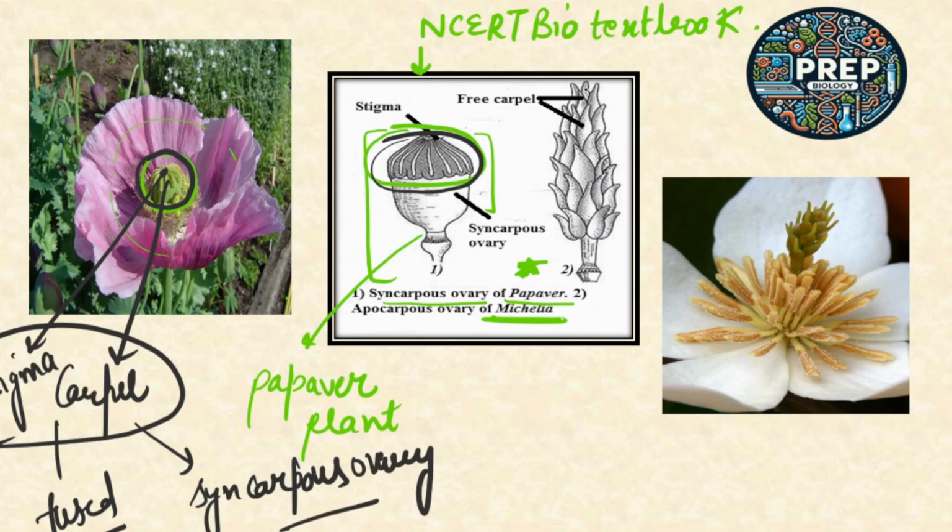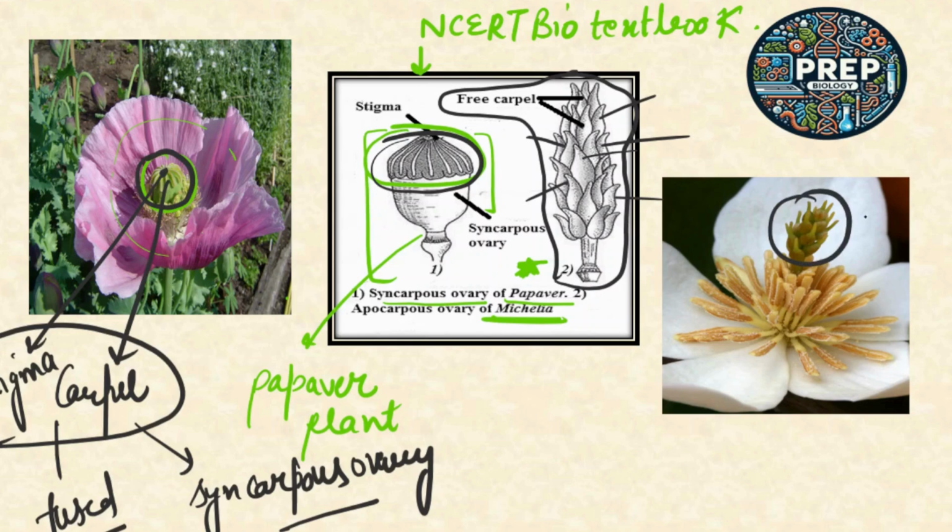Okay. So the second picture shows the apocarpous condition. Apocarpous condition is having free carpels. As you can see here, they have free carpels present. These are the carpels, and in the original picture you can see these whitish parts are the petals, these are the anthers, and the middle part is called the carpel.